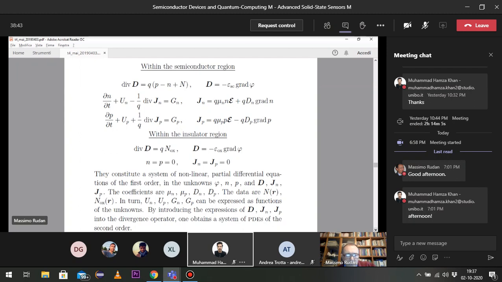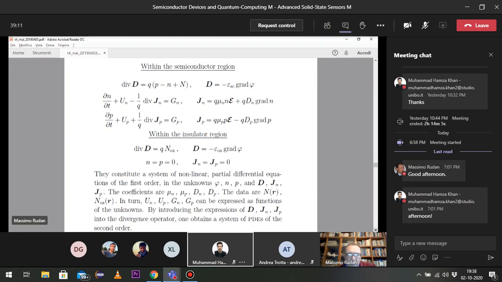Then we have coefficients, and the coefficients are some constants like permittivities, the electron charge, okay? Mobilities to first order can be considered as constants, and diffusion coefficients. So these are coefficients.